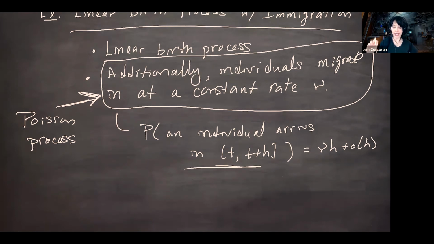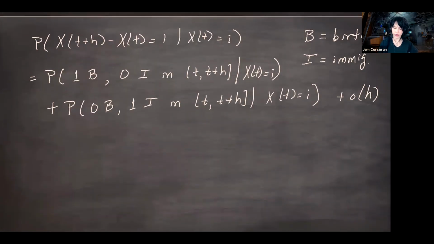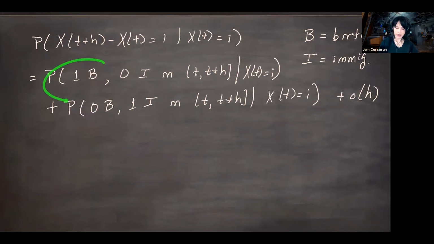People are migrating in at a constant rate nu, and this is independent of the current state of the process, which is kind of said because the rate is constant and not depending on I, but I really do need to say it. So what I'm trying to say is this event and this event conditional on this, these are independent. So we get to break this up.